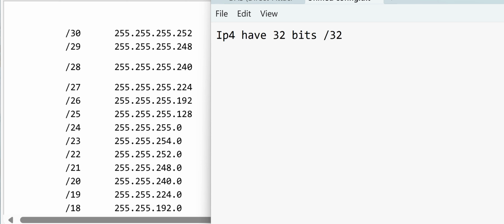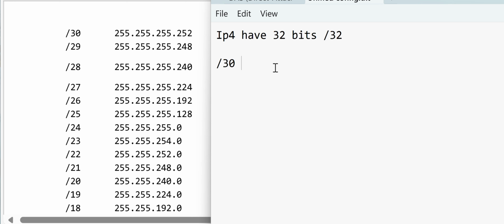And of course, you're never going to see that, right? It would look like that. So if we have a slash 30, like the first one here, what you're doing with this is you're minusing, right? Because you're seeing how many bits are used for the network. So you're just minusing this from 32.